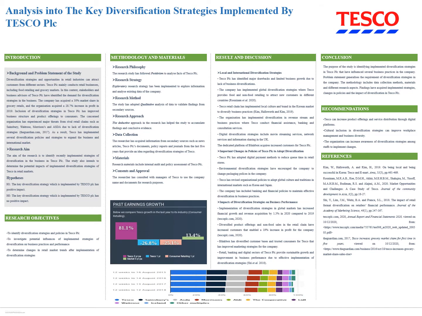The organization has implemented diversification in revenue stream and business practices where Tesco conducts financial assistance, banking and consultation services. Digital diversification strategies include movie streaming services, network services and information sharing in the UK. The dedicated platform of Blinkbox acquired increased customers for Tesco Plc.